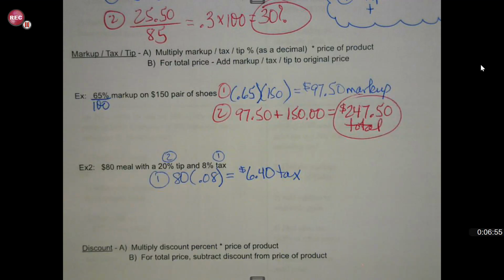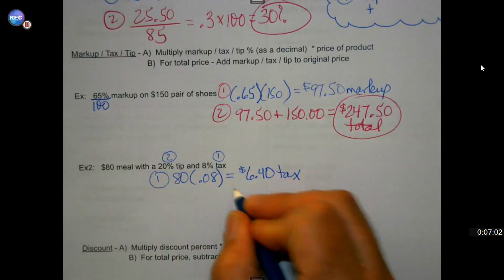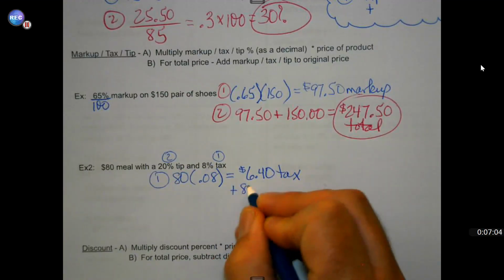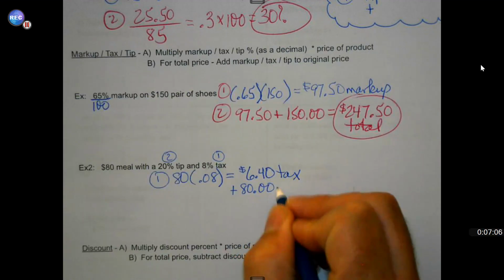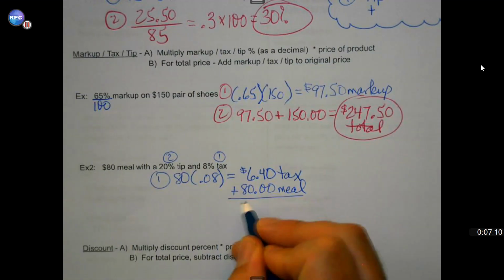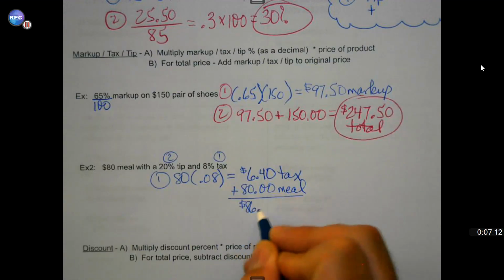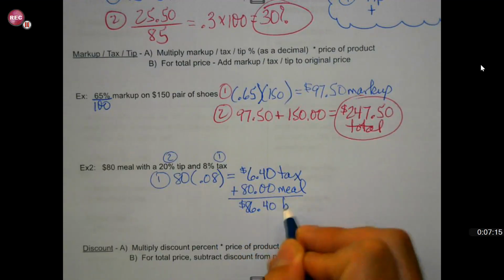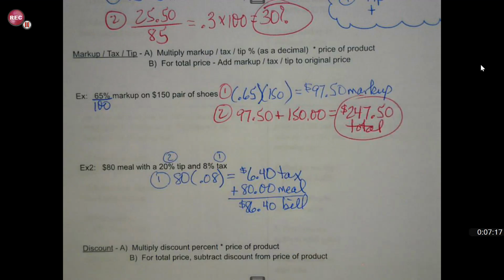Now, I don't get to go straight into tip yet because I don't know what the total bill is. So, now, I'm going to add my meal price to it. This would be my bill if I was just like, okay, I'm paying my meal, paying my tax, I'm out of here, see ya, peace, deuces, I'm done.